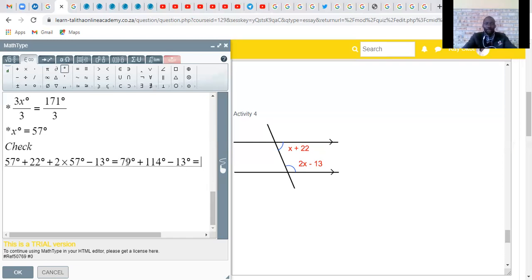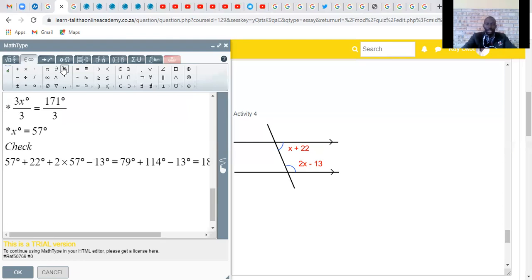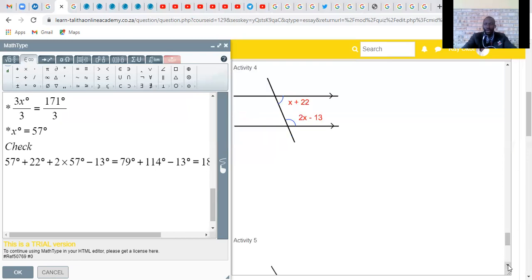Let's check with our calculator. We have 79 that we are adding to 114, and from it we are taking away 13. Yes, what we get is 180 degrees. So yes, the value we have got is correct. Now we can move on to activity 5.